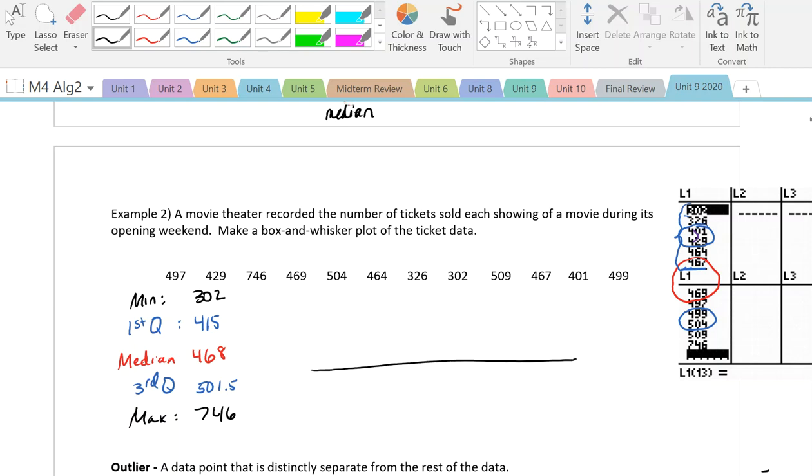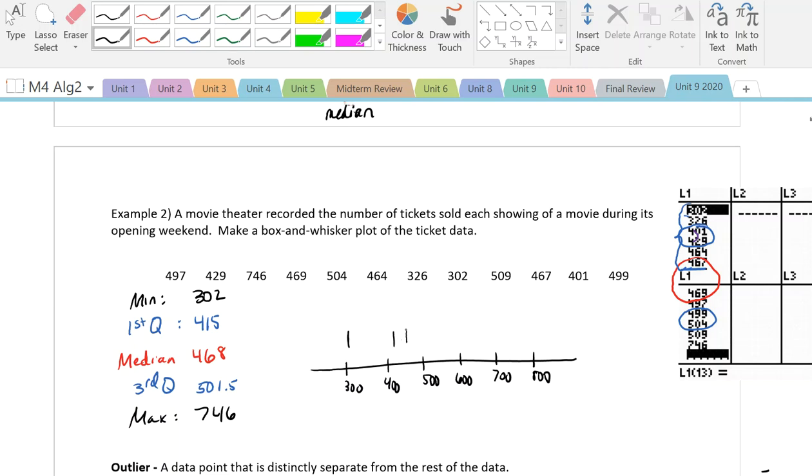Now when I go to make a box and whisker plot, I'm going to label an axis: 300, 400, 500, 600. If you were doing it on graph paper, I would make sure I had them the same amount apart, obviously. And then my minimum is right here by 300, then 415.